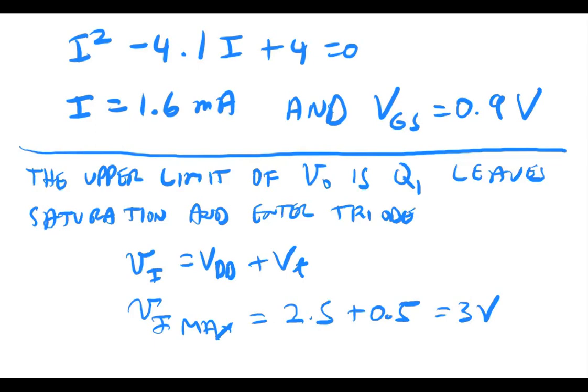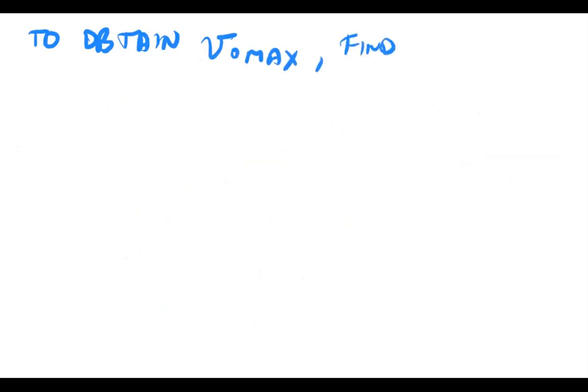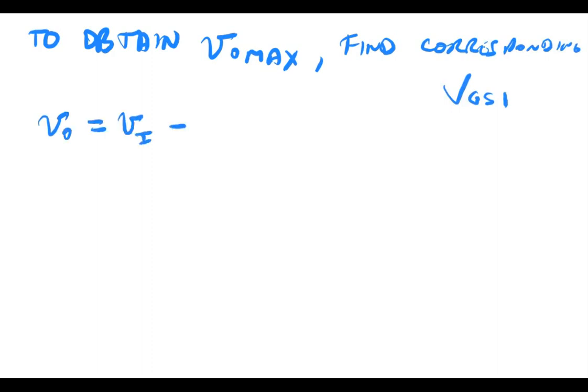Okay? And what we have to do for that input, which is the maximum input, to obtain the corresponding maximum output voltage, we find the corresponding VGS1 for transistor 1, and then V out is VI minus VGS1.